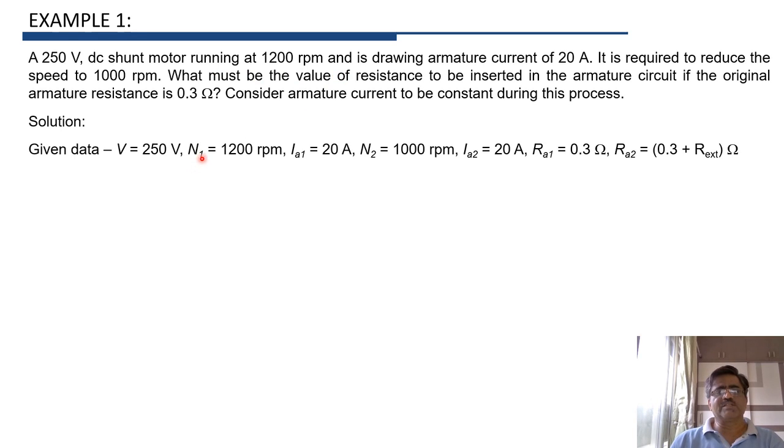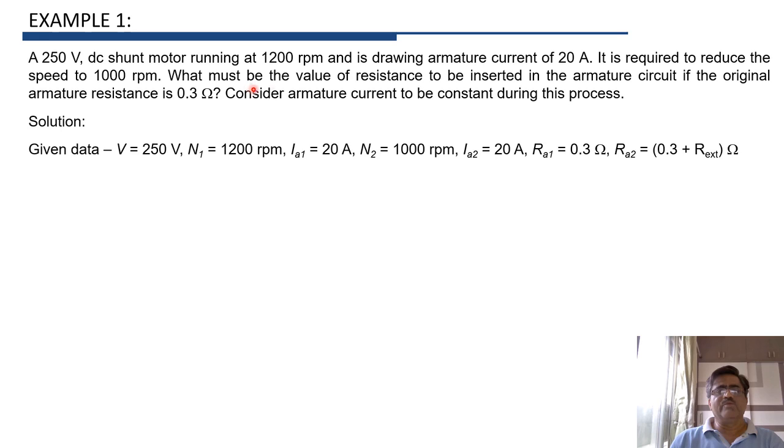So in the first case, N1 is equal to 1200 RPM and is drawing armature current of 20 ampere, means IA1 is equal to 20 ampere. It is required to reduce the speed to 1000 RPM. So N2 is equal to 1000 RPM. So we want to reduce the speed of motor from 1200 RPM to 1000 RPM.